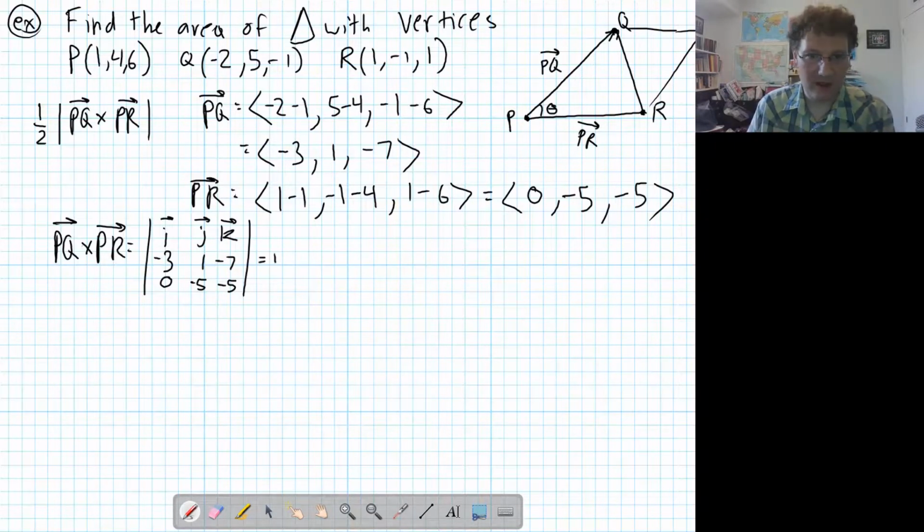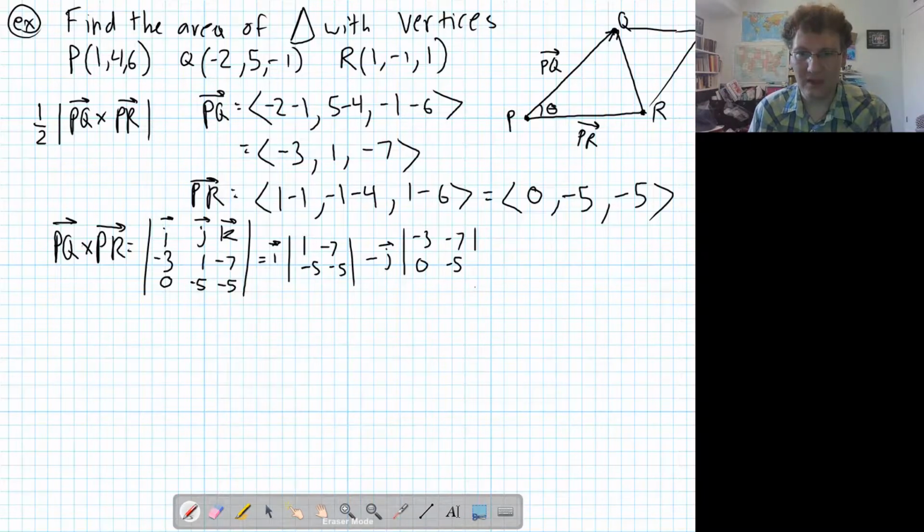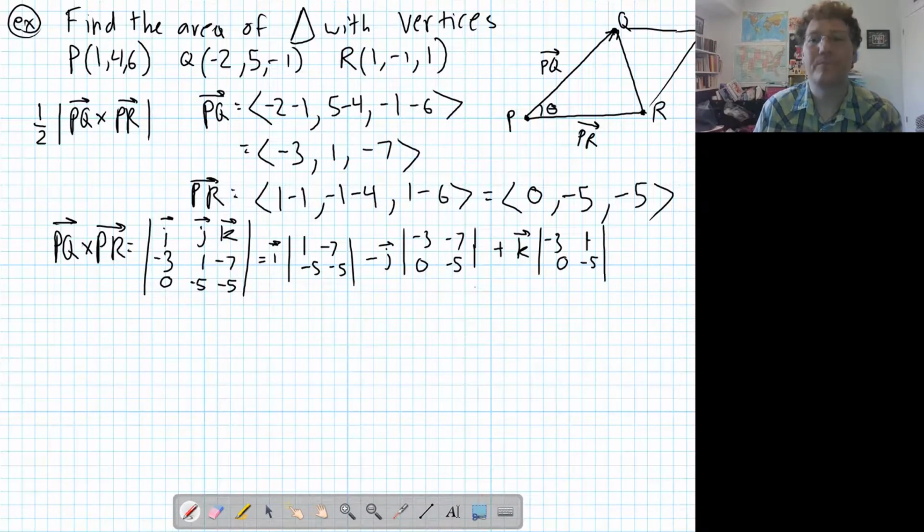We've got the i vector times the determinant of 1, -7, -5, -5, minus the j vector times the determinant of -3, -7, 0, -5, and then plus the k vector times the determinant of -3, 1, 0, -5.